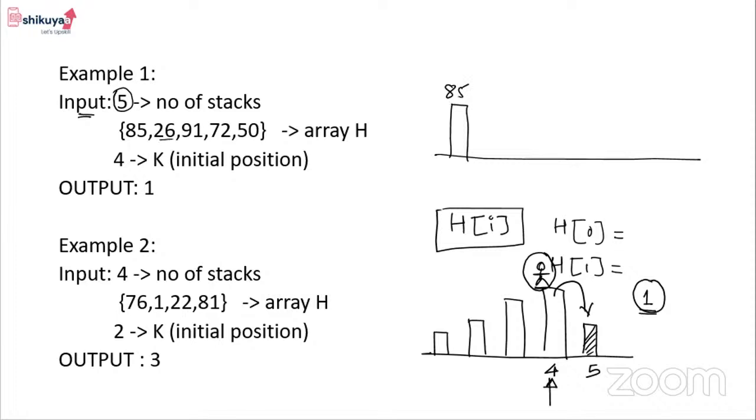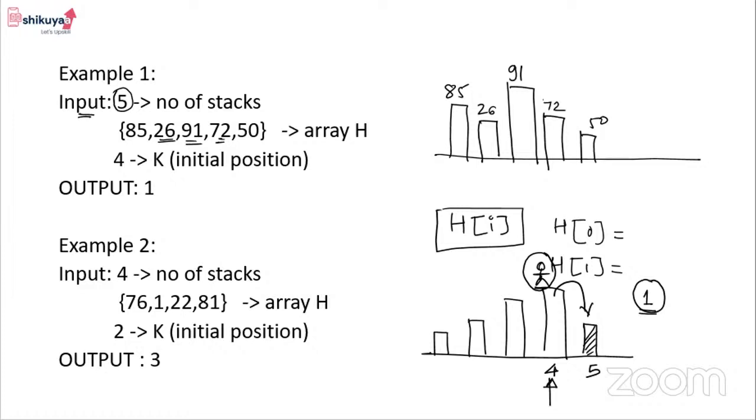The height of the next stack is 26, so write here 26. Then 91, so I write here 91. Then 72. And then 50. So there are 5 stacks, and these are the heights of every stack.